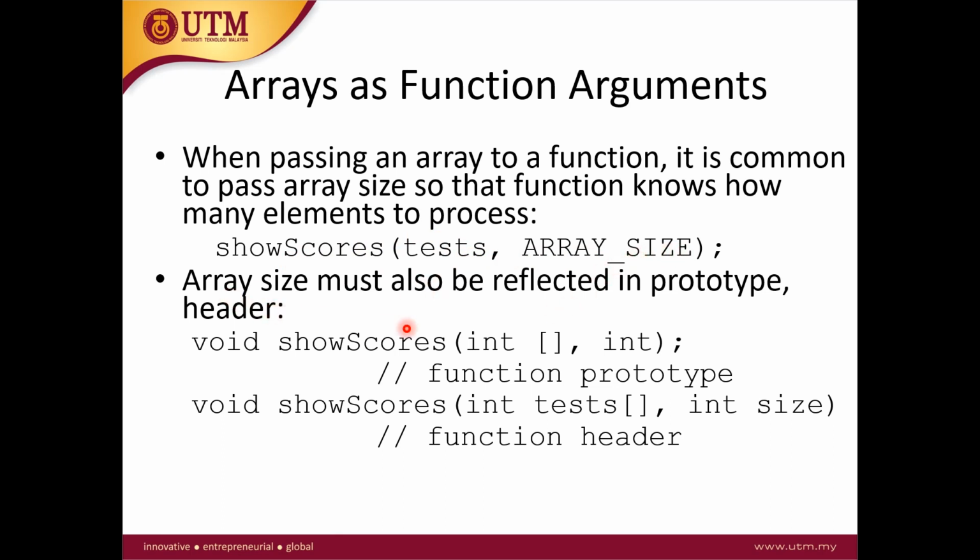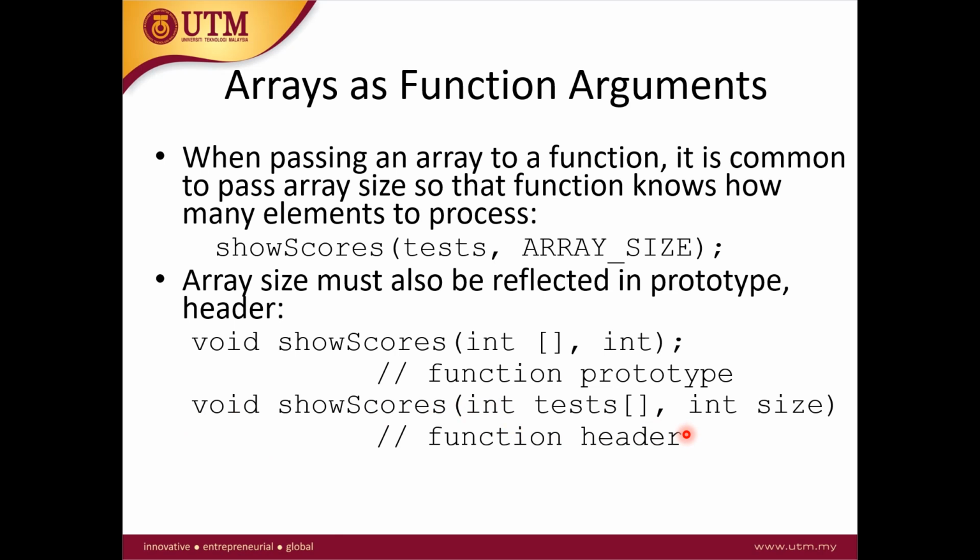But in the function header, we need to write down the size of the array, which is going to be this array, and the size is going to be this one. And even in the function header, we know that we need to write down the parameter name, and even we need to write down the size of that array which this function is going to process.